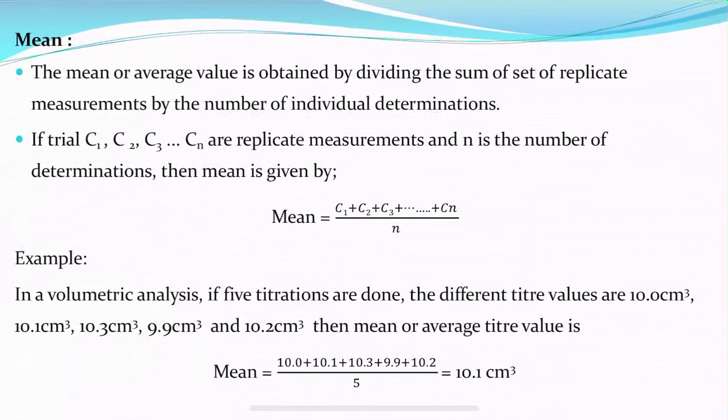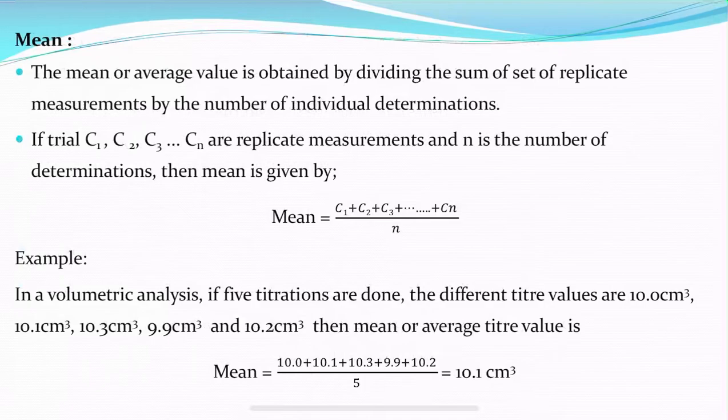Not only one trial is allowed; you have to take 2-3 trials, and the concordant value has to be reported. If you get one reading, that is not final. That is why mean, median and range are very important.